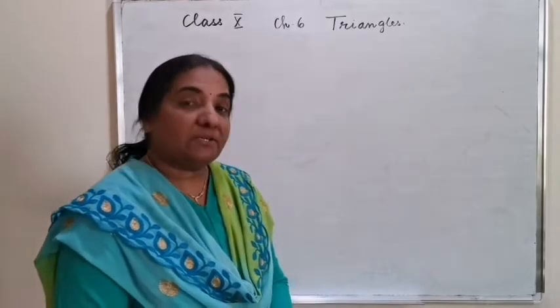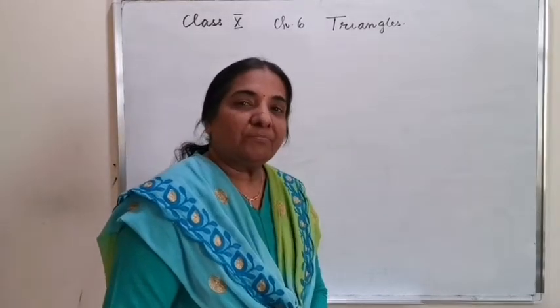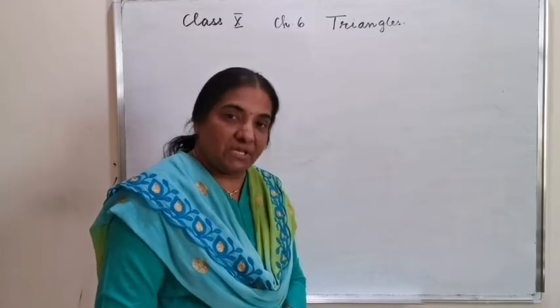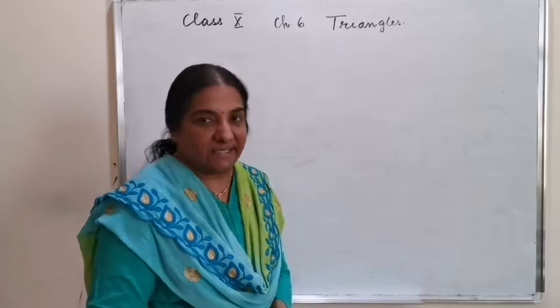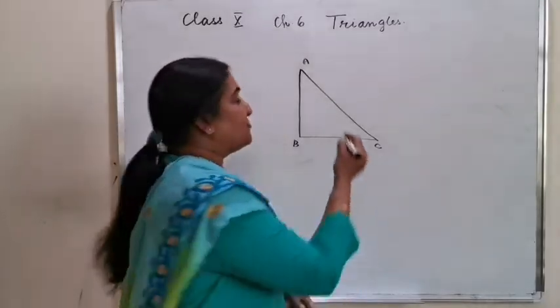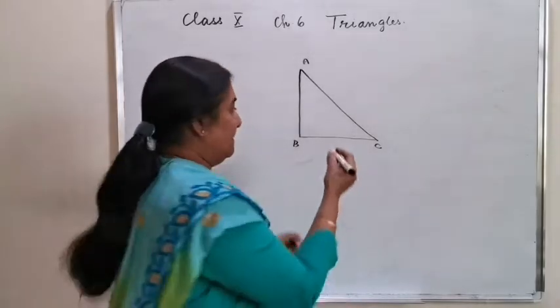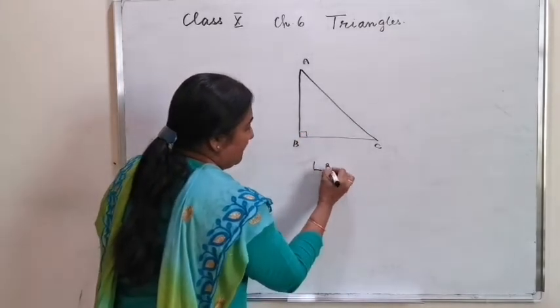Before proving Pythagoras theorem, let me explain a very important theorem which can be used to prove it. Let triangle ABC be a right triangle. Angle B is 90 degrees.